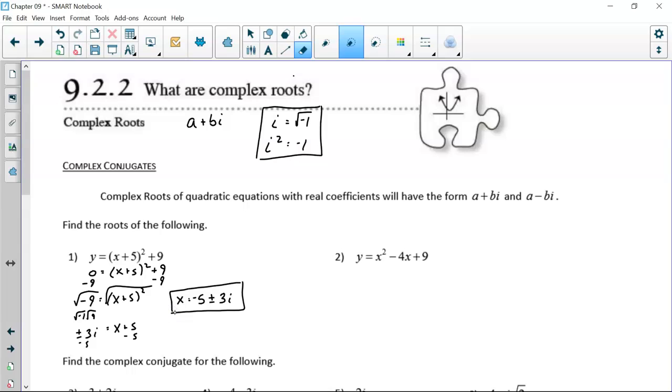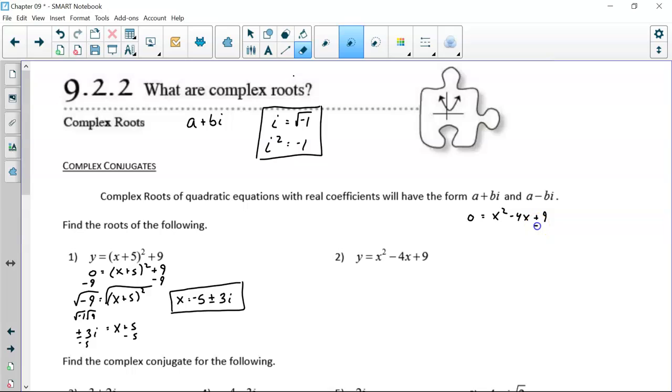Number 2. Now, number 2 we could solve using the quadratic formula, or since we haven't done completing the square a little bit, let's use that. So once again, put 0 in for y. So 0 equals x squared minus 4x plus 9.